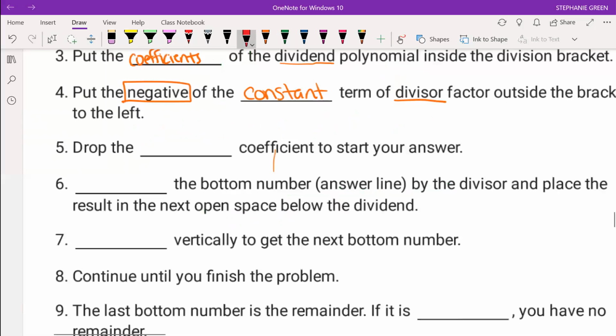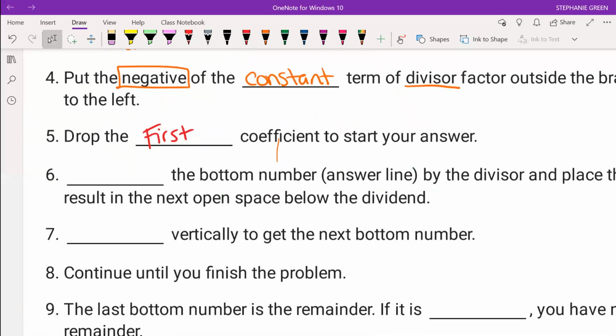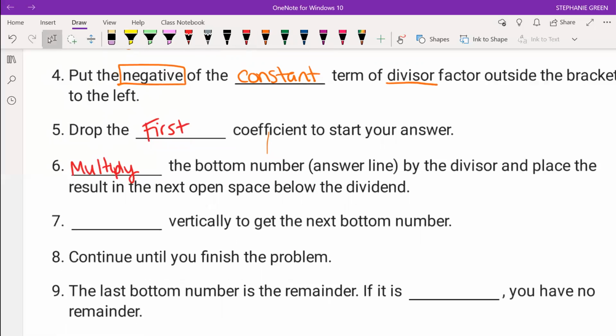The next step is to drop the first coefficient. That's going to be the first part of our answer. We just drop it down. And then we're going to multiply that number that we dropped down by the divisor and place the result in the next open space below the dividend.